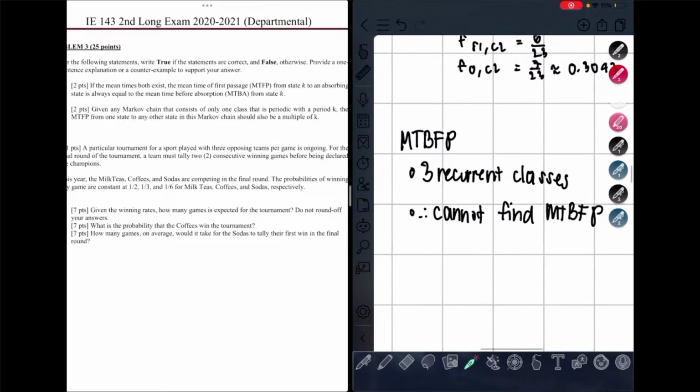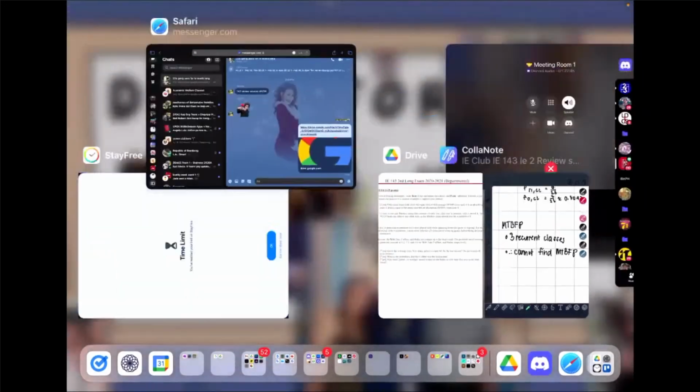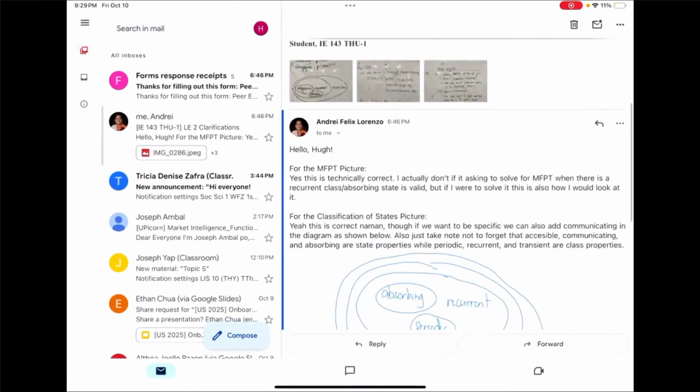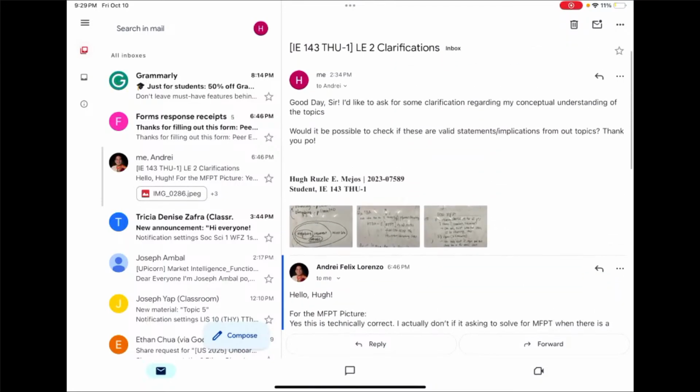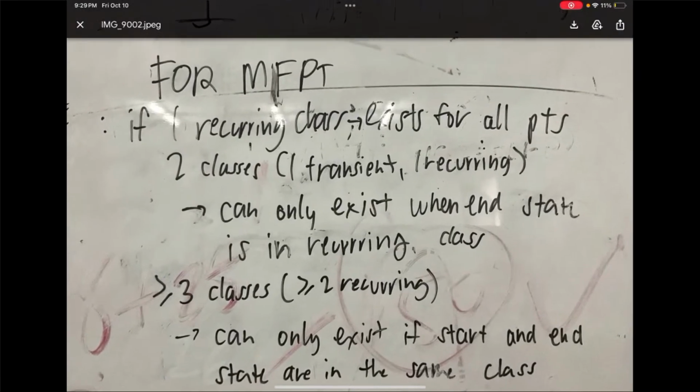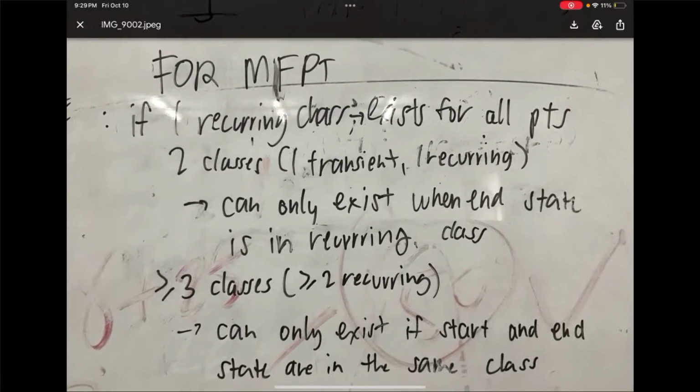The theory behind that is just that if you have more than one recurrent class, you cannot find the mean time before first passage. Actually, Sir just emailed this now, but I clarified this with him, so I'll insert it. This is not, I believe, taught in class, but this is essentially how you would generalize it.